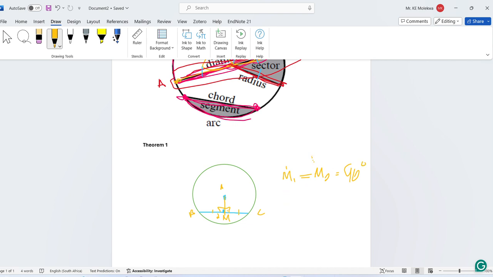This is angle M2. This is how the theorem works, and then you're going to state a reason.